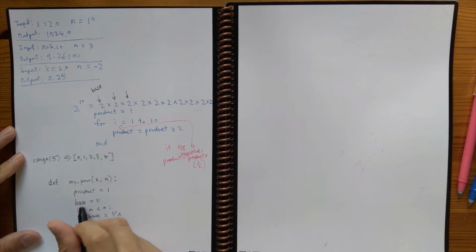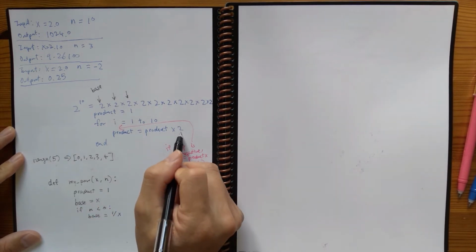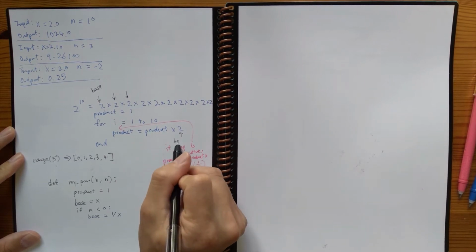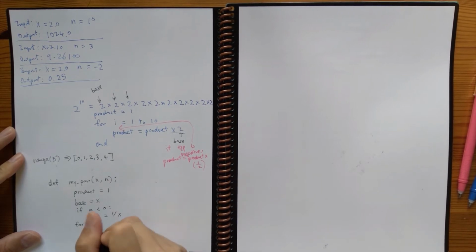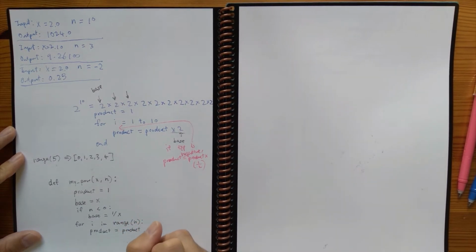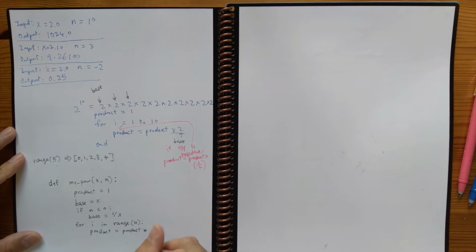Now this base is what I'm gonna multiply into the product at every iteration. So for i in range of n, then product is product times base.